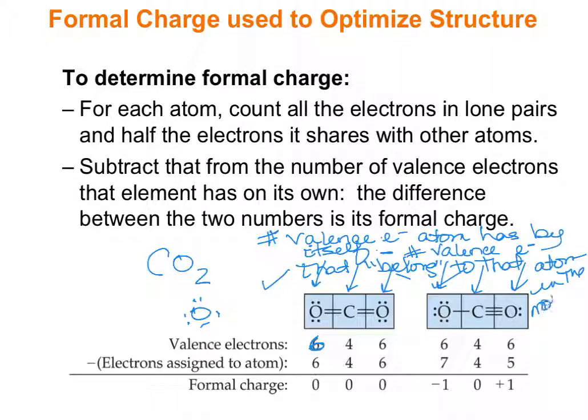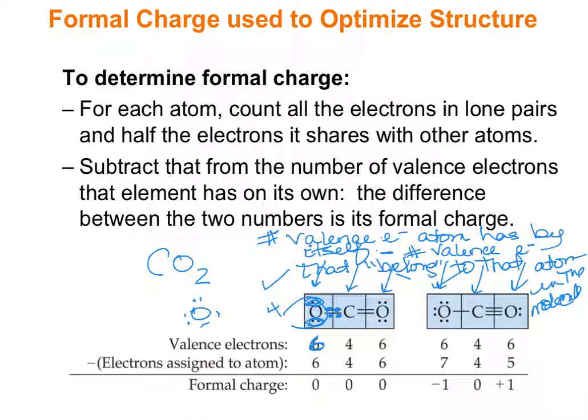All right, so what do I mean by that? Well, for example, let's look at oxygen again. Clearly, all the non-bonding pairs belong solely to oxygen, right? So it's got 4 electrons that belong clearly to it. Now, when you come to a bond, the electrons in a bond obviously are shared between 2 atoms.